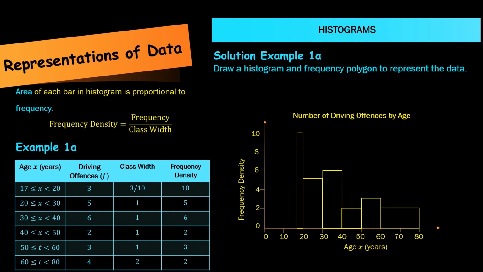And so we can plot this or present this as a histogram. Here's the first category, drivers who are between 17 and 20 years old. And for 20 to 30-year-olds, 30 to 40-year-olds, 40 to 50-year-olds, 50 to 60-year-olds, and finally 60 to 80-year-olds.